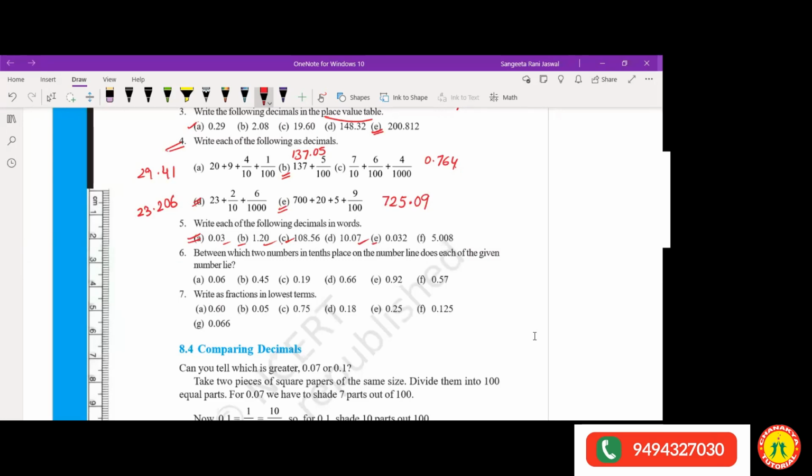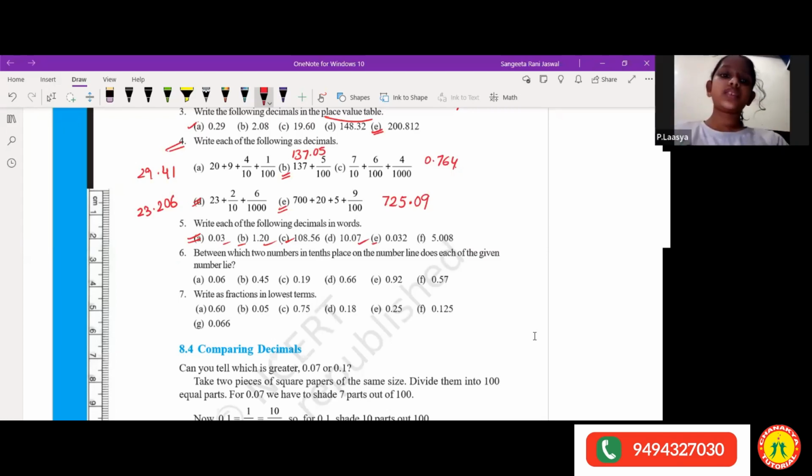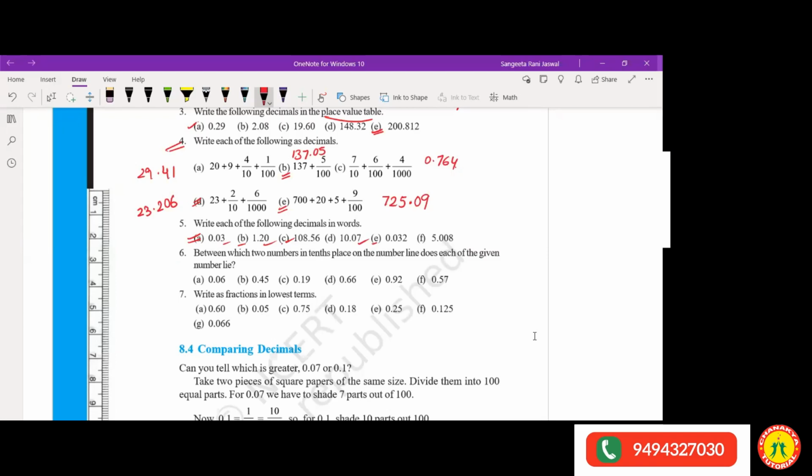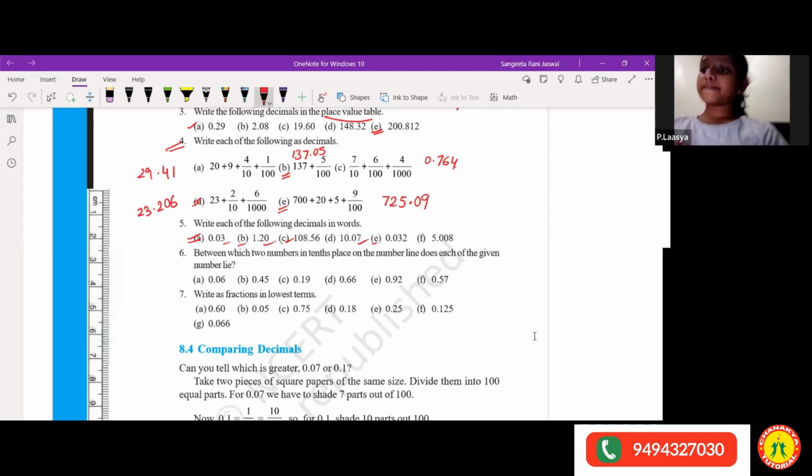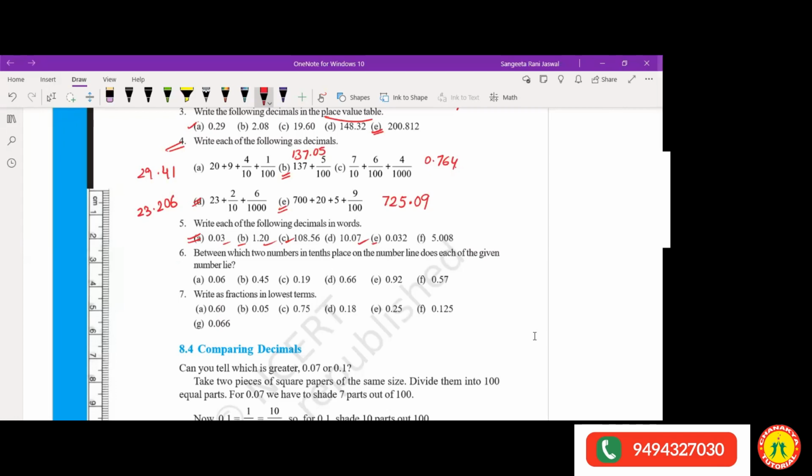Yes. 2 in thousandths place. So this becomes 3 hundredths and 2 thousandths. Okay. Okay, ma'am.